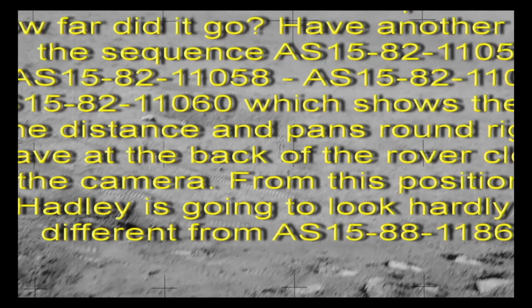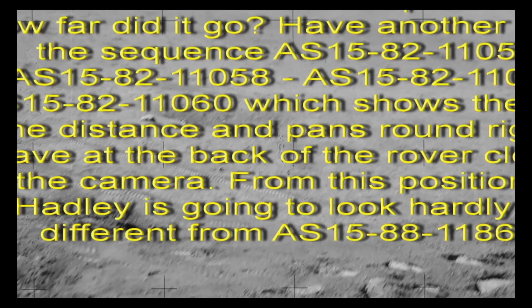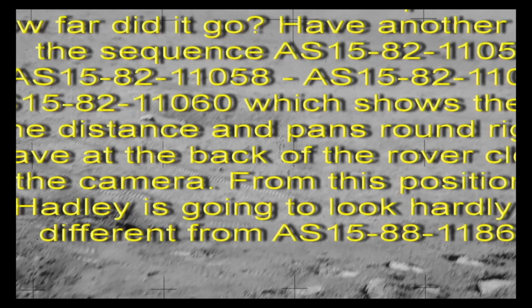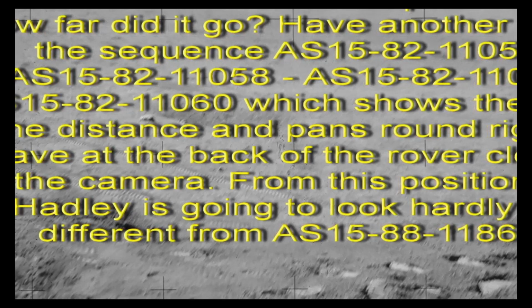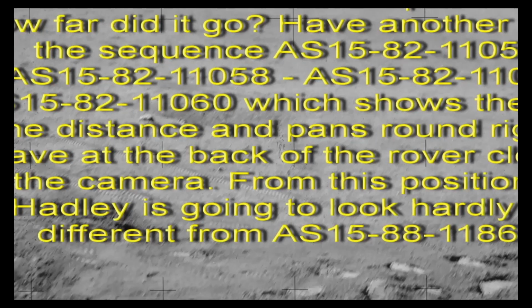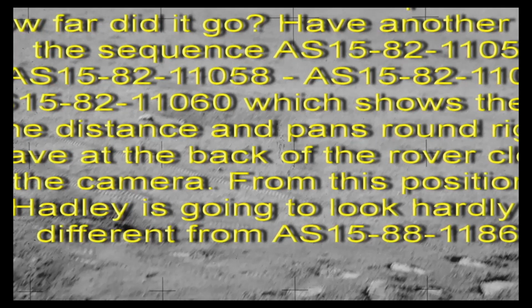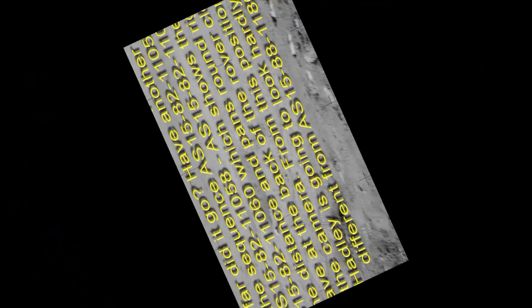Dave at the back of the rover is close to the camera. From this position, Mount Hadley is going to look hardly any different from AS15-88-11866. Now, Cleric, with you mentioning that LEM in the distance down there, that's going to prove what a stupid, mentally insane idiot you are, as you'll see with the rest of this video.